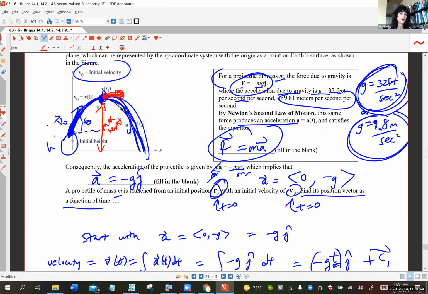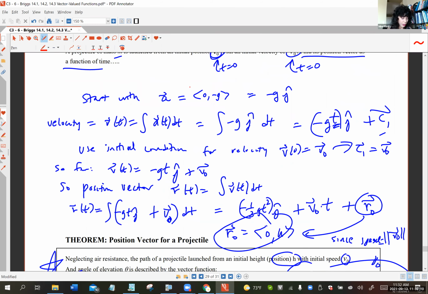The vertical component of velocity at this moment, and you can write this down because this will help you do one of these problems, is 0 at the moment it reaches the maximum height. So the way you're going to do this problem is in 2 parts.